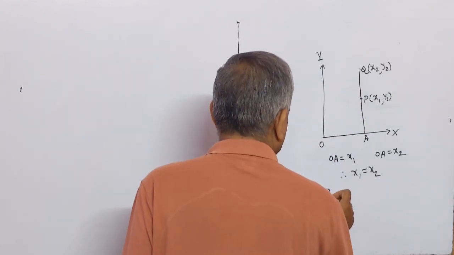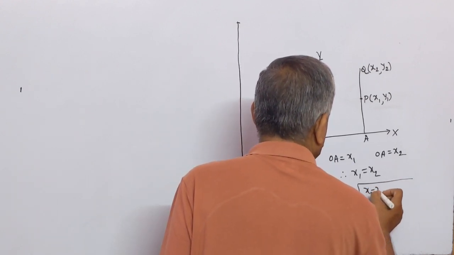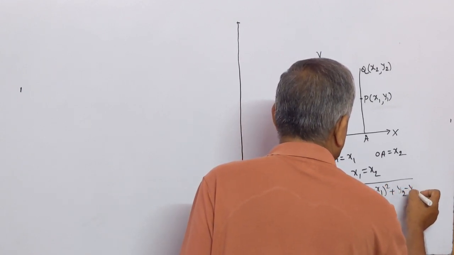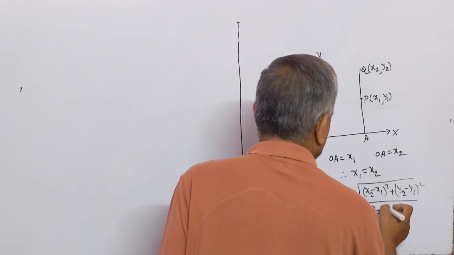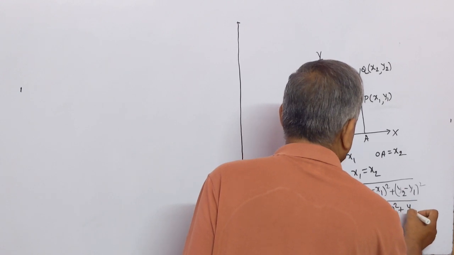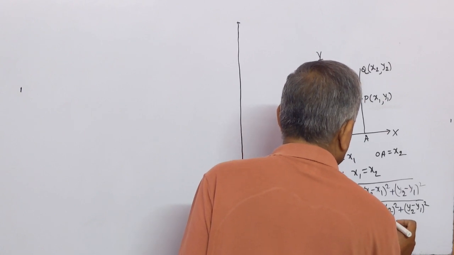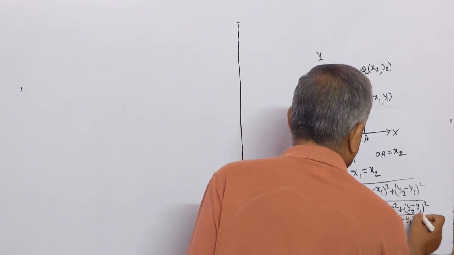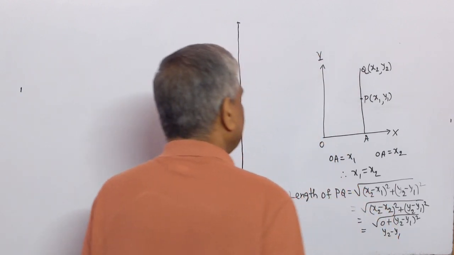Length of PQ equal to square root of x2 minus x1 whole square plus y2 minus y1 whole square. Here x1 equal to x2, so x2 minus x2 whole square plus y2 minus y1 whole square. This is 0, this is square root of y2 minus y1 whole square, and this will be equal to y2 minus y1.